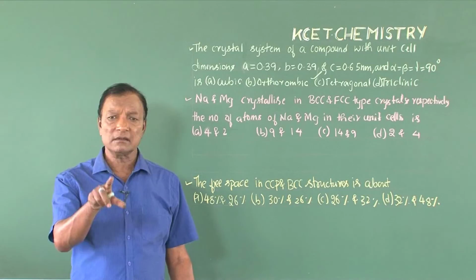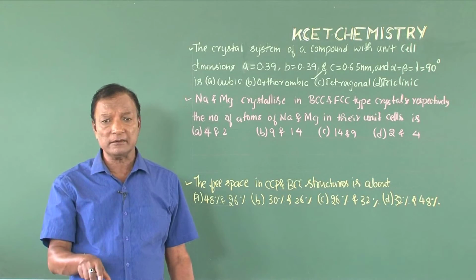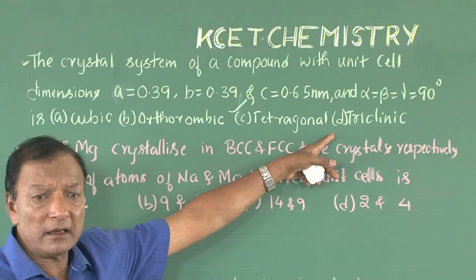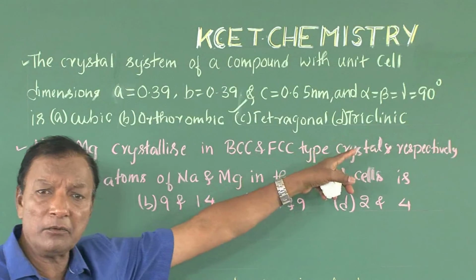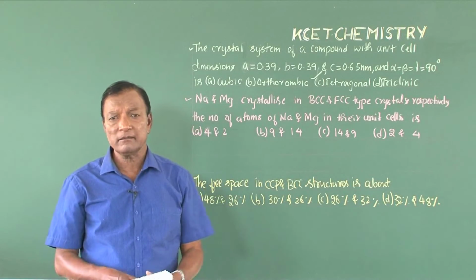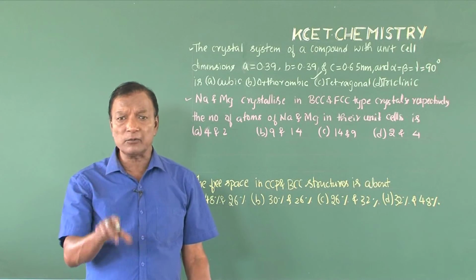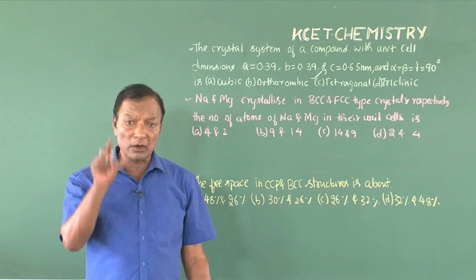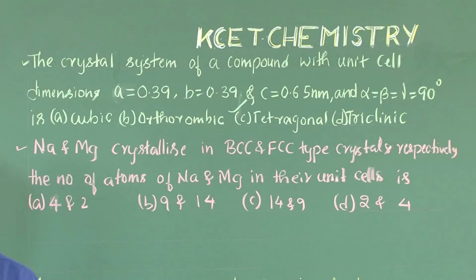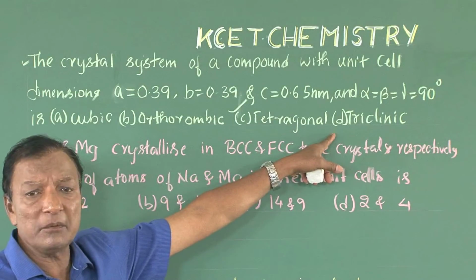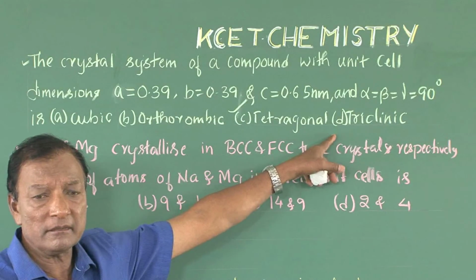All angles equal to 90 degree. While the last, that is the triclinic, here we have the total opposite characters. All edges are unequal, all angles are unequal, and they are not equal to 90 degree. One, the most symmetrical cubic, and another, the most unsymmetrical triclinic.